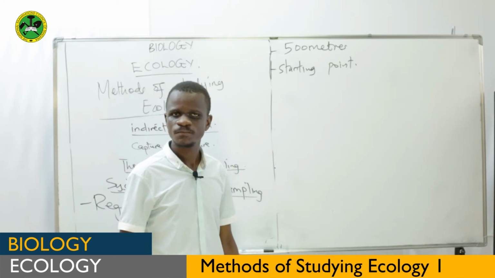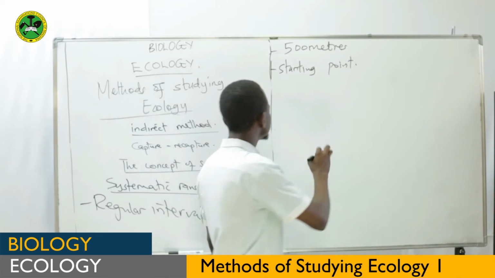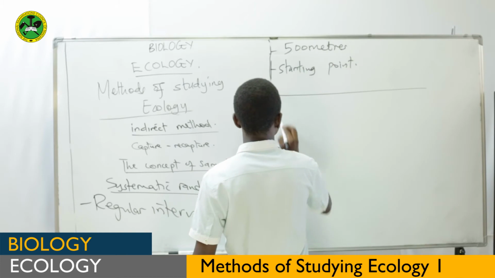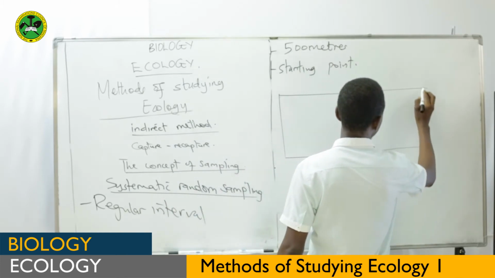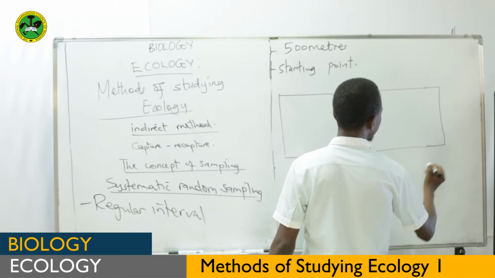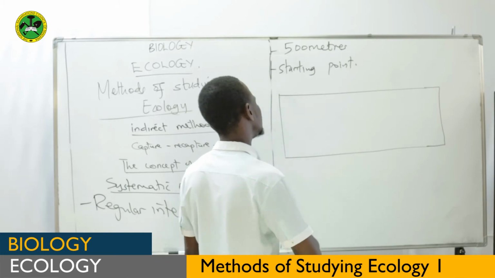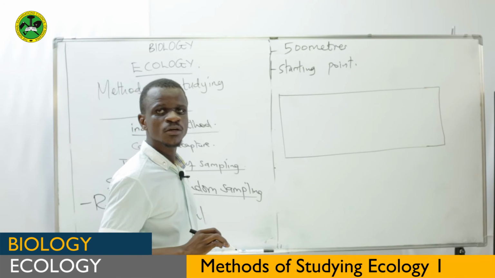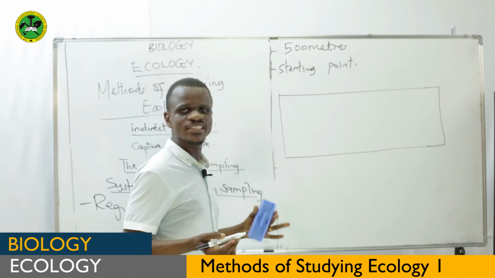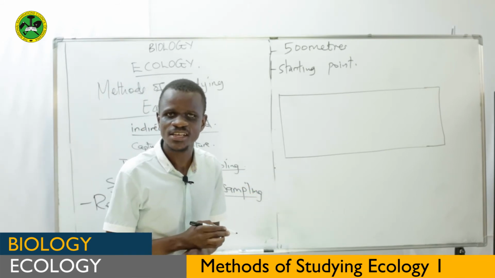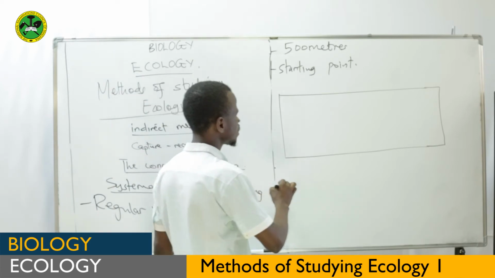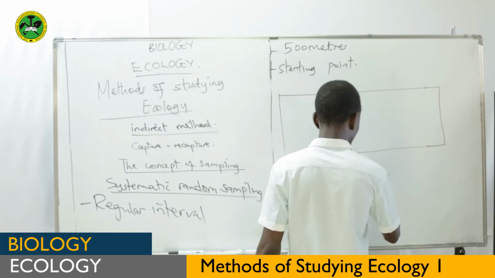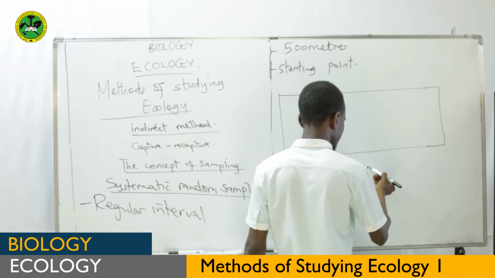My student, suppose you have an area. Let's say this is area A. In area A, you want to sample a defined distance. Let's say you want to sample only a distance of 100 meters.